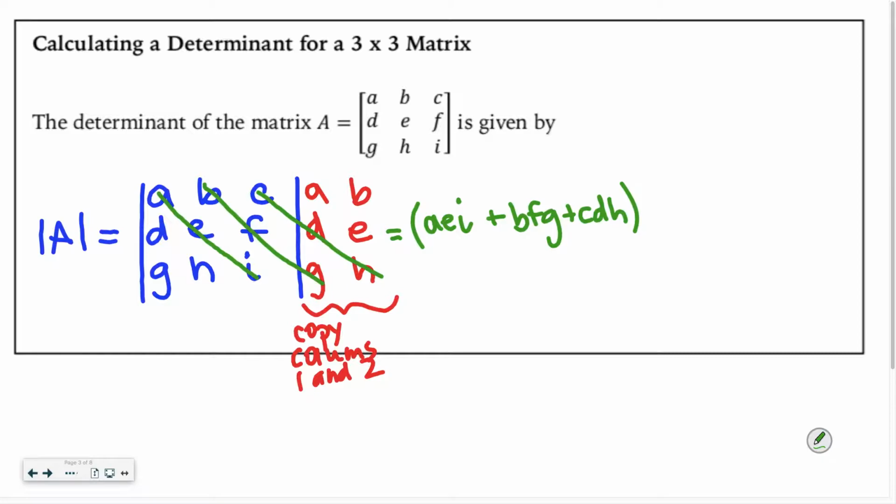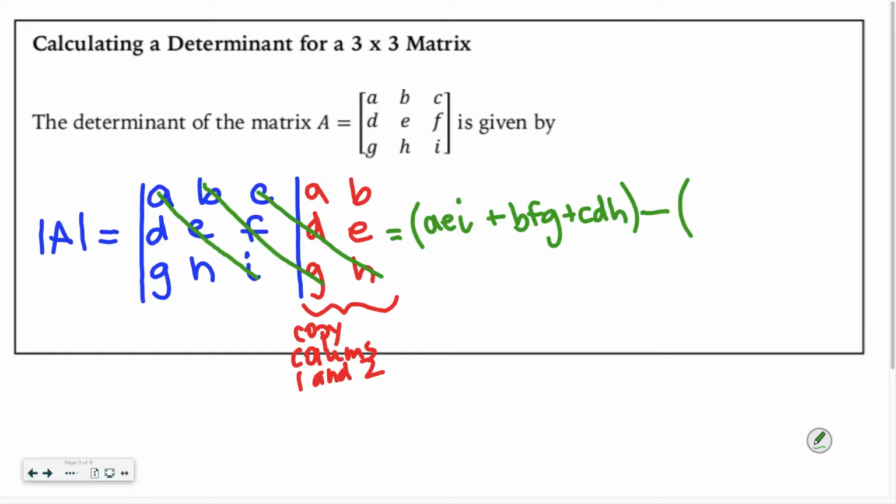We can't. So we're going to do it until we don't have any more. And then, just like with the 2 by 2, we are going to subtract all of our up diagonals. So it's still the Chris minus cross, but we have to do 3 Chris minus 3 cross.